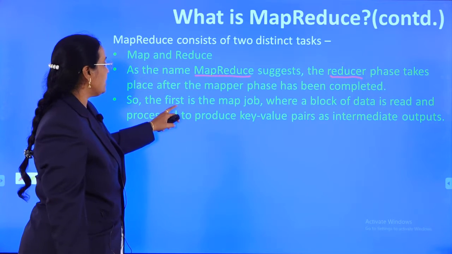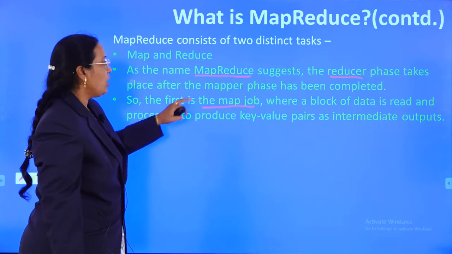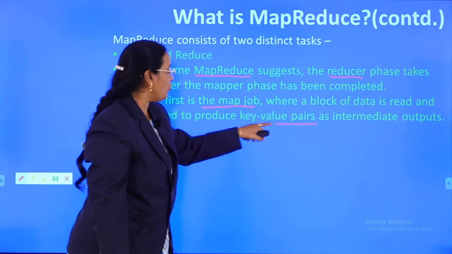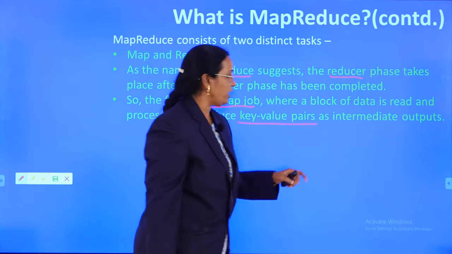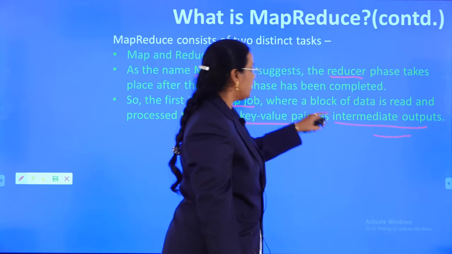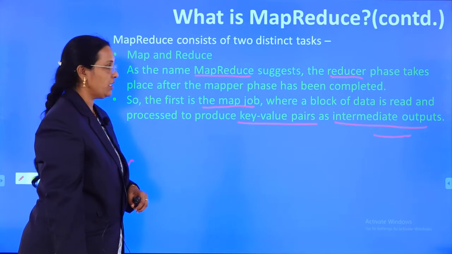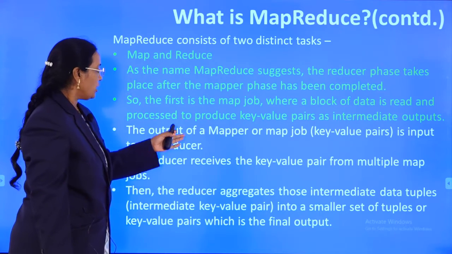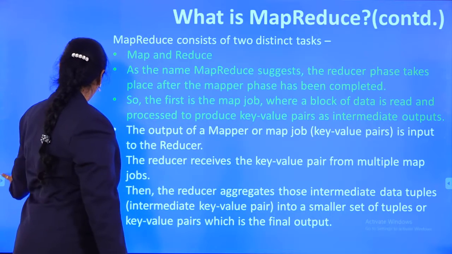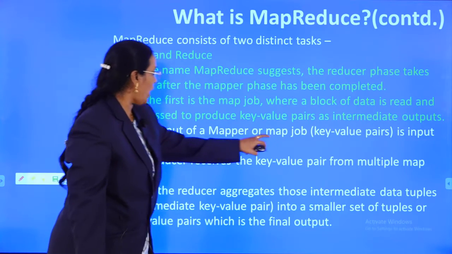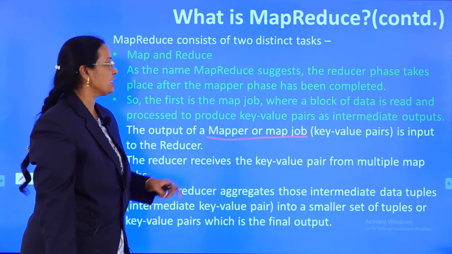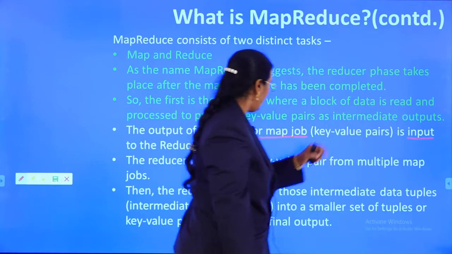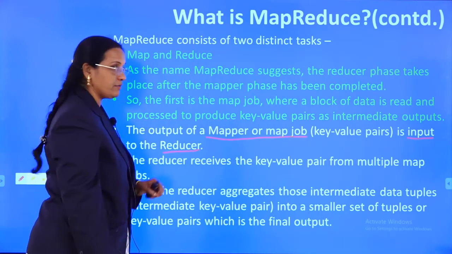First is the map job, where a block of data is read and processed to produce key value pairs, and these key value pairs are called intermediate outputs. The output of a mapper, or map job, which is key value pairs, will be the input for the reducer.